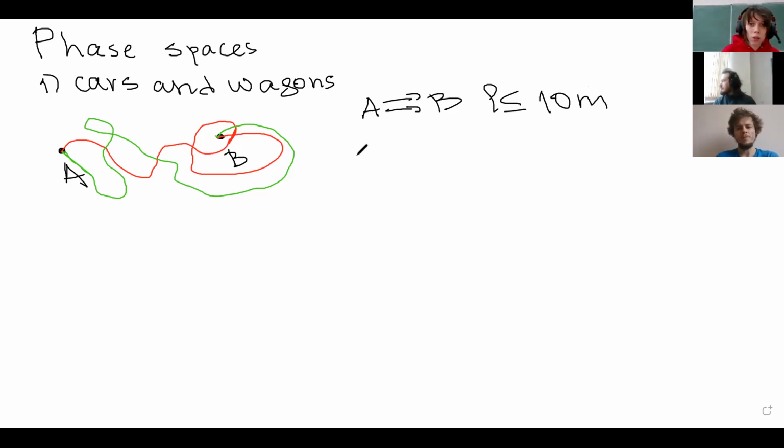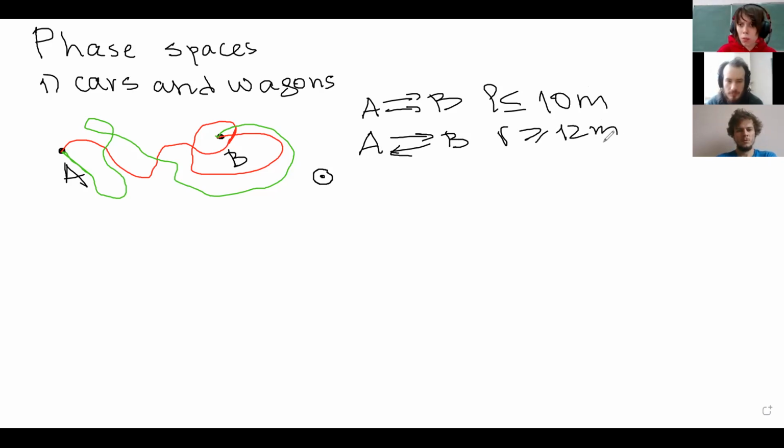And the question is, if we have two round wagons going in opposite directions, with the sum of the radii more than 12 meters, so each of the radii is more than 6 meters.